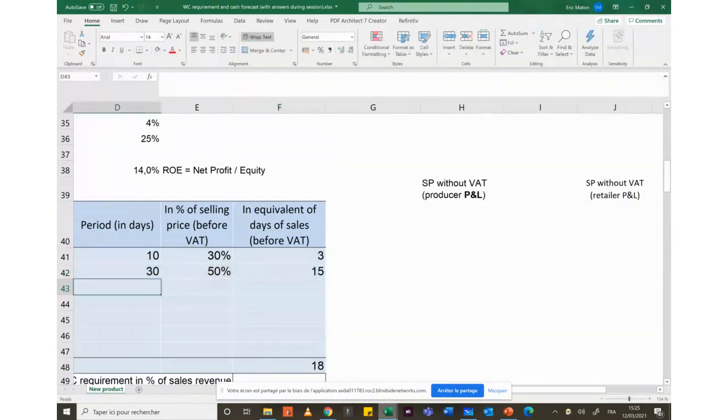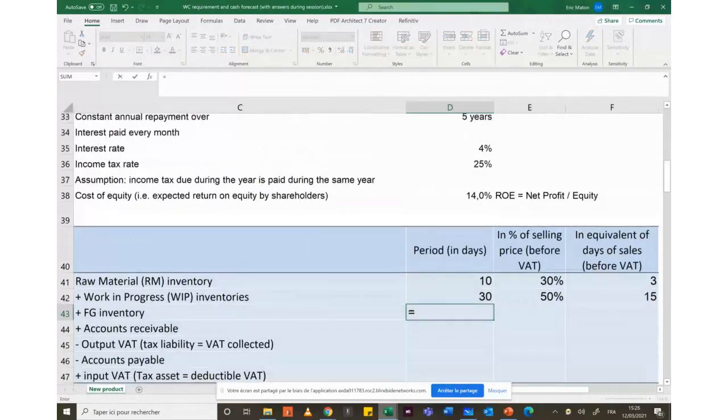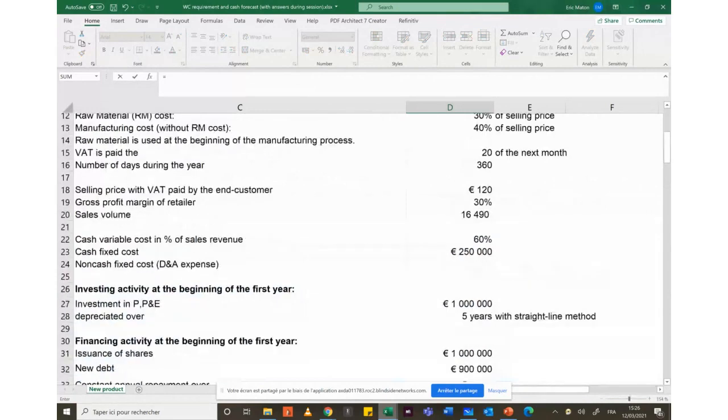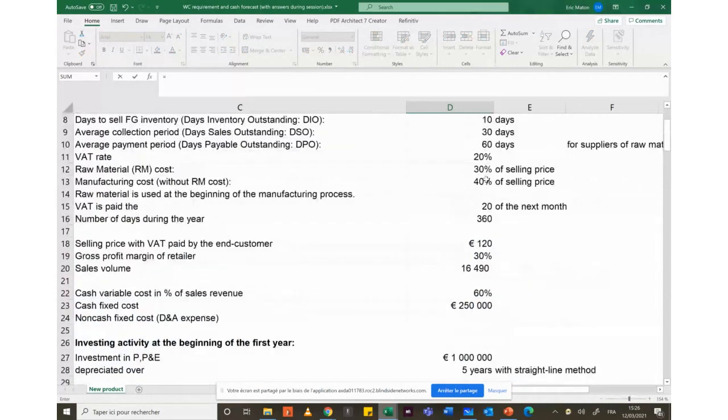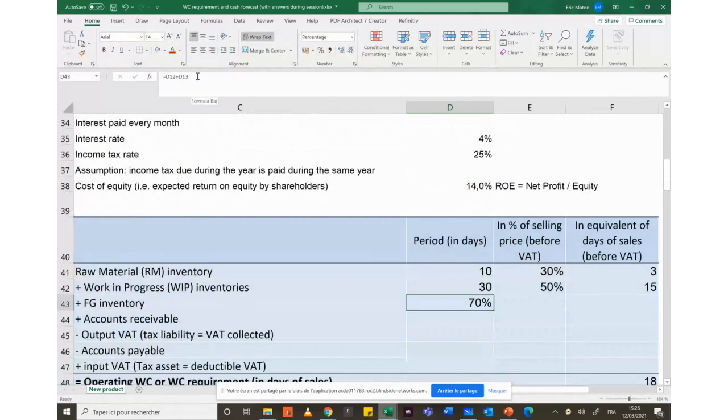So the finished good inventory is finished with all the manufacturing process. So inside the cost of the finished good, we have the 30% plus the 40%. Okay.